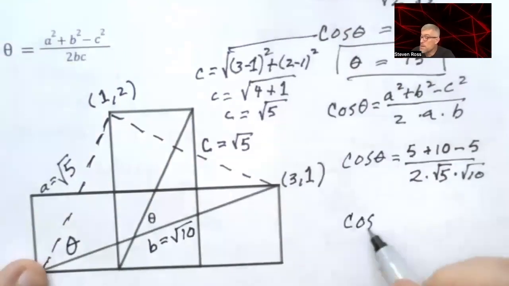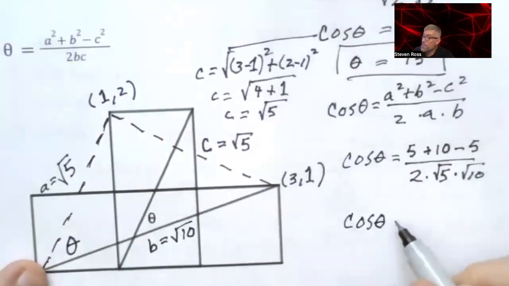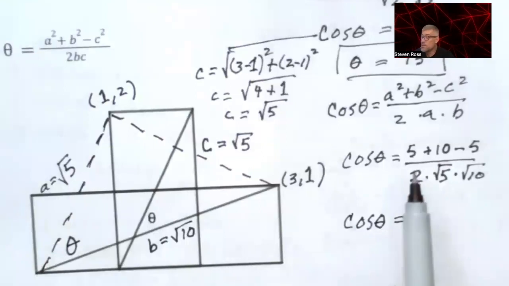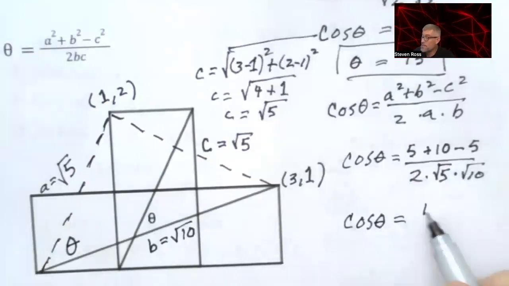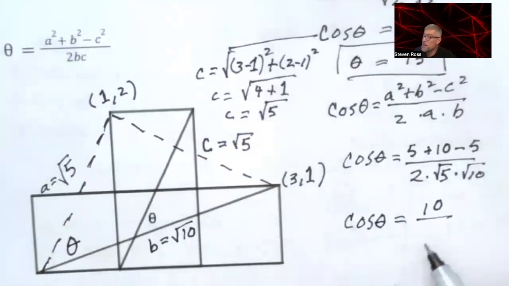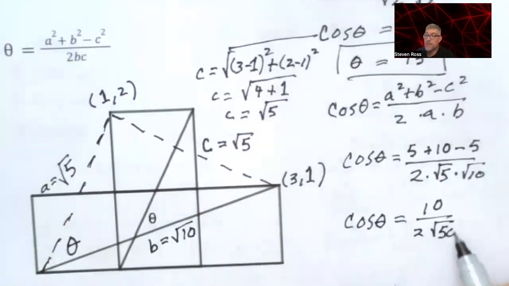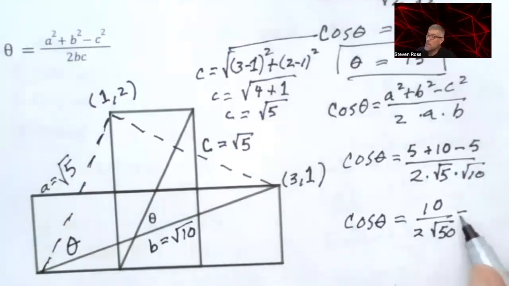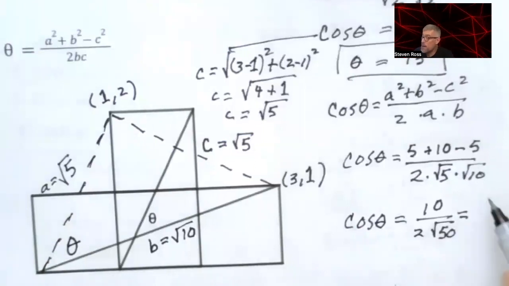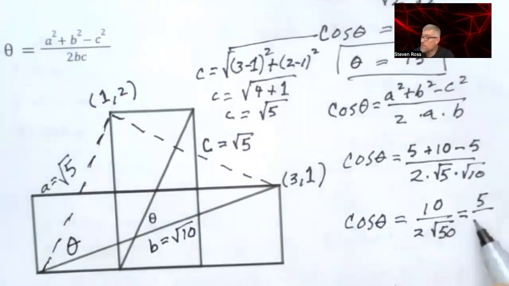So the cosine of theta is equal to, you can see the 5 and the minus 5 cancel out. So that leaves us with 10 divided by 2 times the square root of 50, or 10 divided by 2 is 5, divided by the square root of 50.